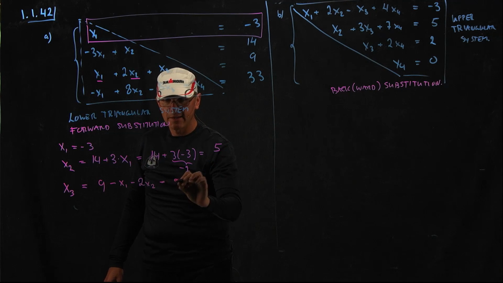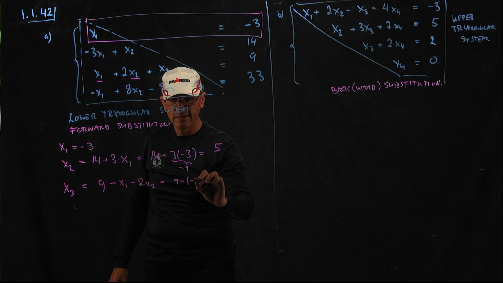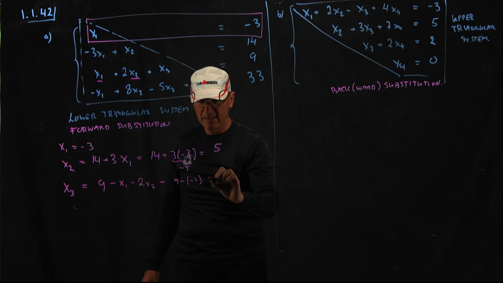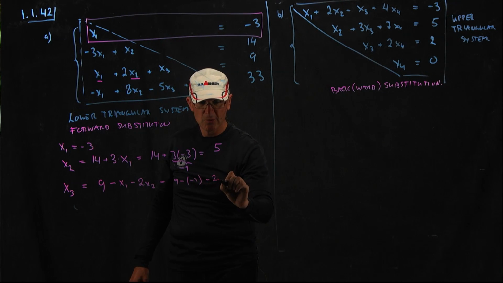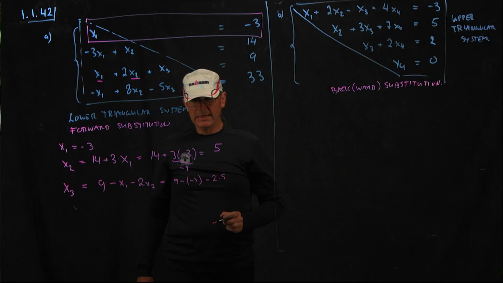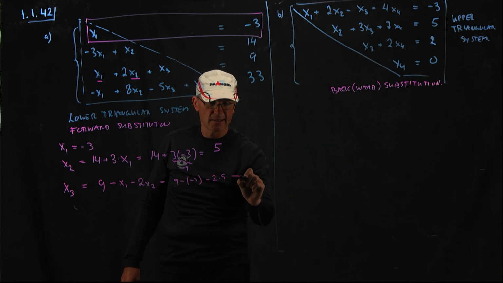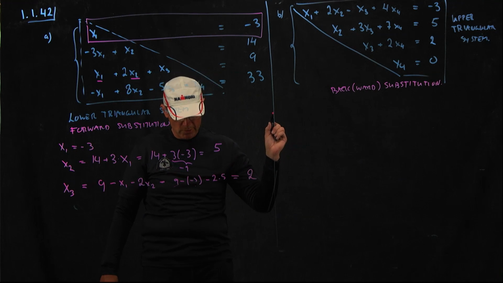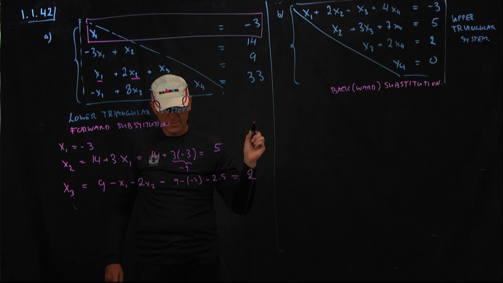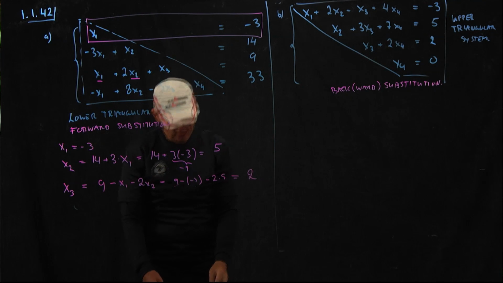So we have 9 minus -3 minus 2 times 5. 9 plus 3 is 12, subtract 10 is 2. Do my notes agree? Yes.